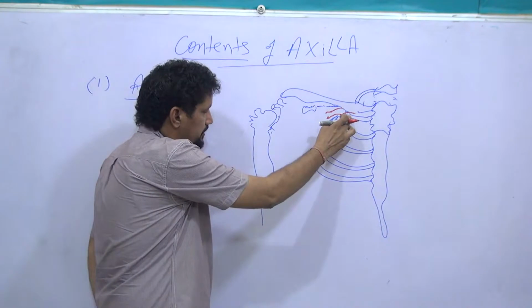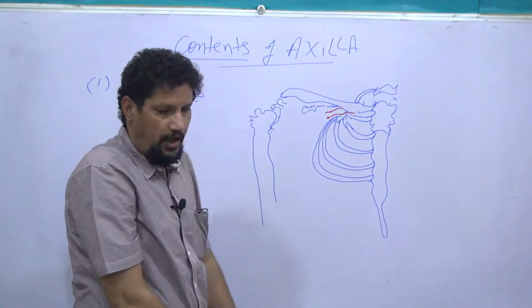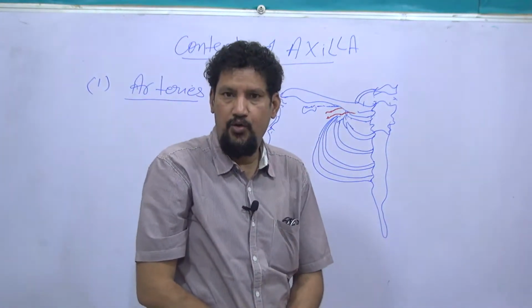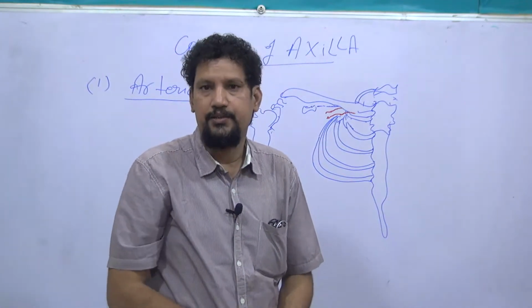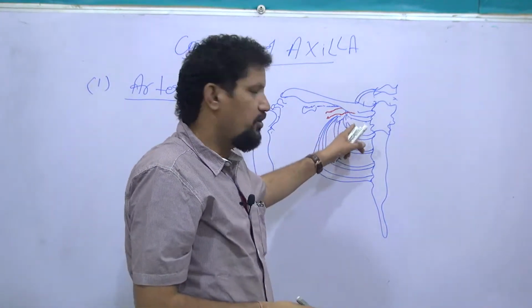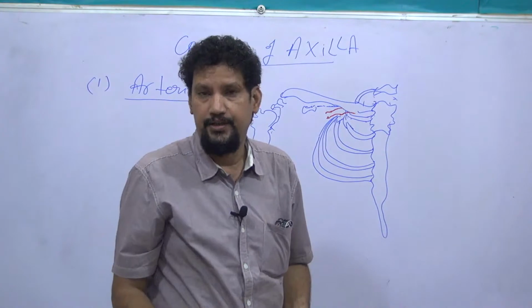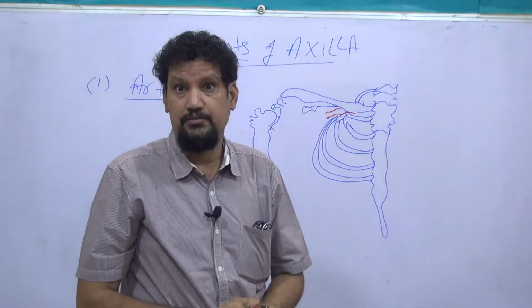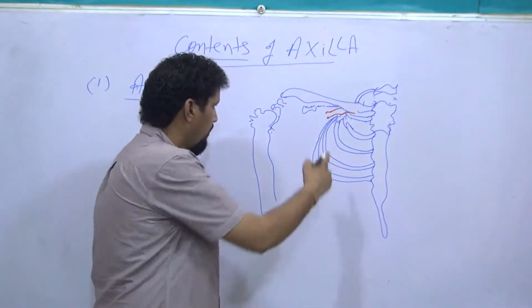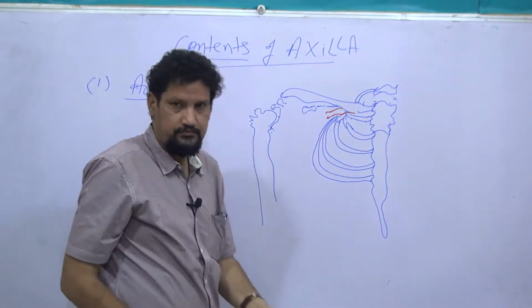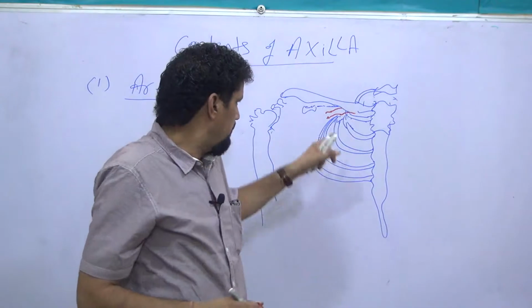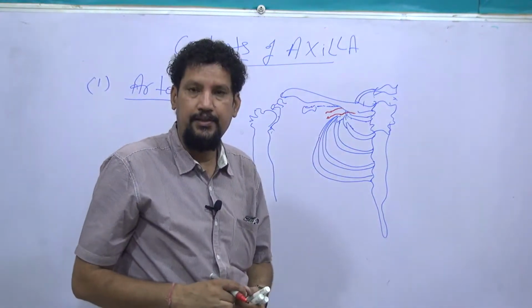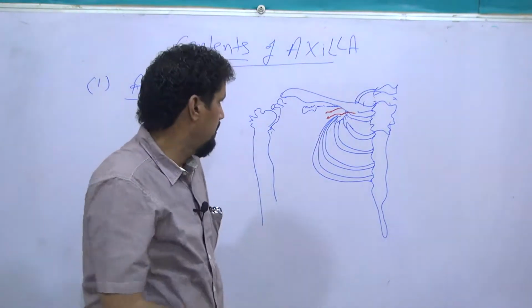So here the first rib, and artery is coming out from the outer border of the first rib between scaleni anterior and scaleni medius muscle to be entering inside the axilla.